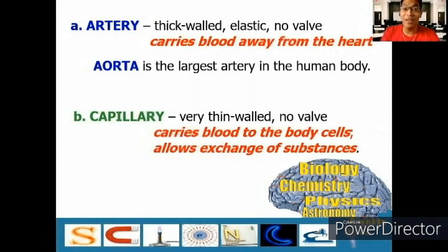And they are the ones carrying the blood to the body cells. Sa sobrang liit nila, they are directly connected to the cells in our body. And so, they allow as well the exchange of substances.